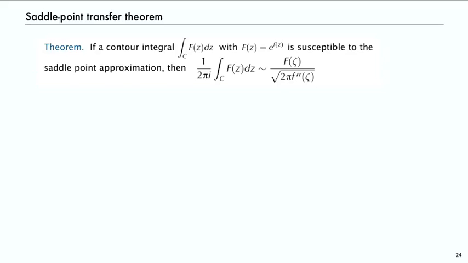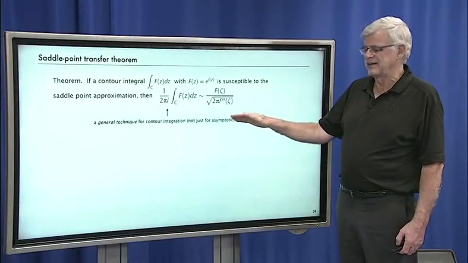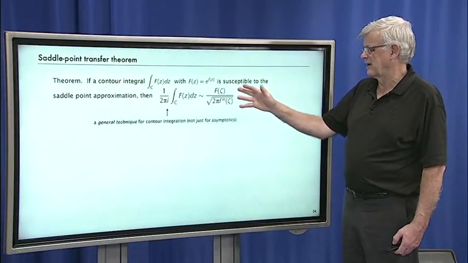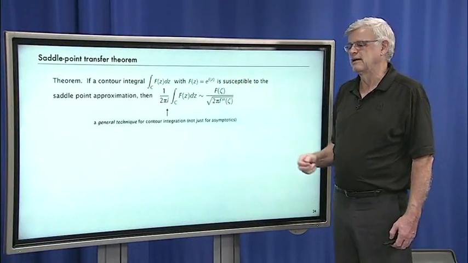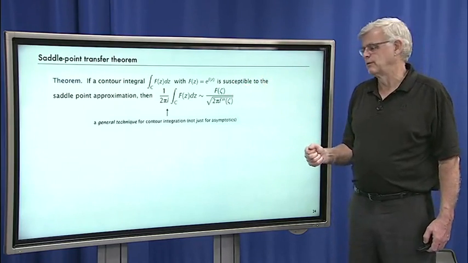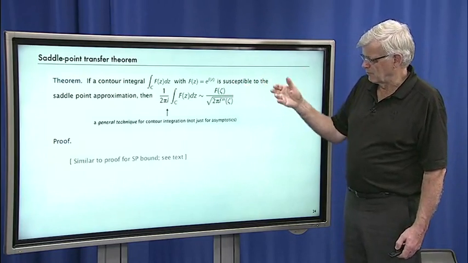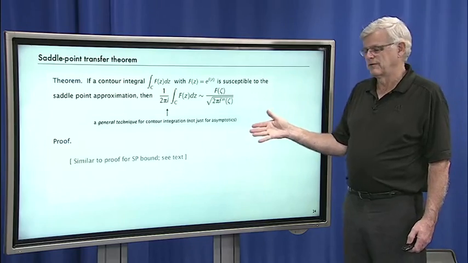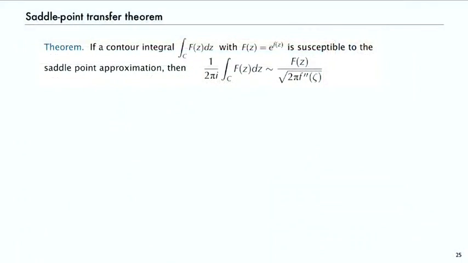So if that's susceptible to the saddle point approximation, then the integral is approximated by e to the f of zeta over that square root of 2 pi factor. It tells us exactly how to compute that missing factor. This is a general technique for contour integration. It's not just for asymptotics. That's about any contour integral. It gives a way to approximate it. And the proof is very similar to the proof that we did for the saddle point bound.